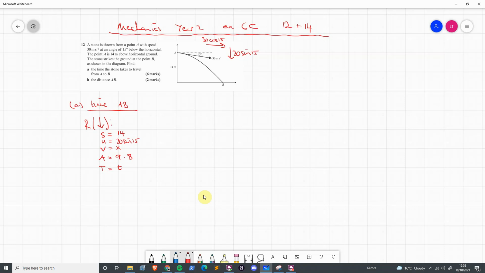So let's go S equals ut plus half at squared. It's our favourite one with these types of questions. So 14 equals 30 sine 15 t plus 4.9 t squared. Let's make this equal to 0 so we can solve it.